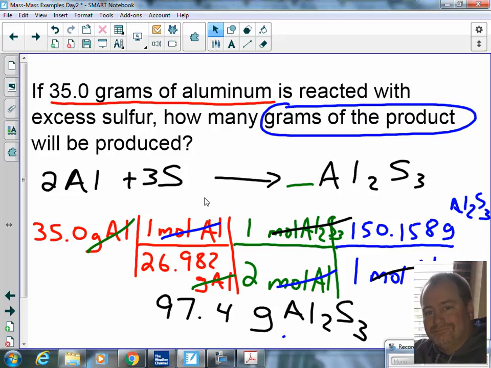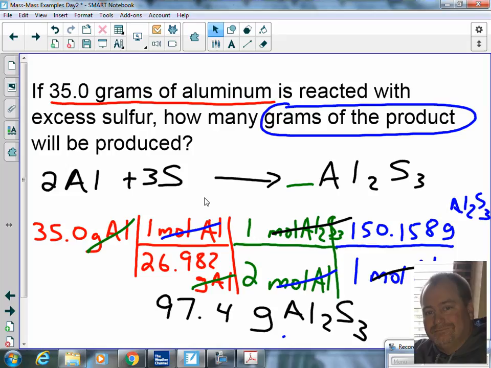All right. Okay. Now, final thing, final thought. What is this actually telling me? It's telling me that if I start with 35 grams of aluminum and have plenty of sulfur there to react, how much aluminum sulfide should be formed? 97.4 grams.